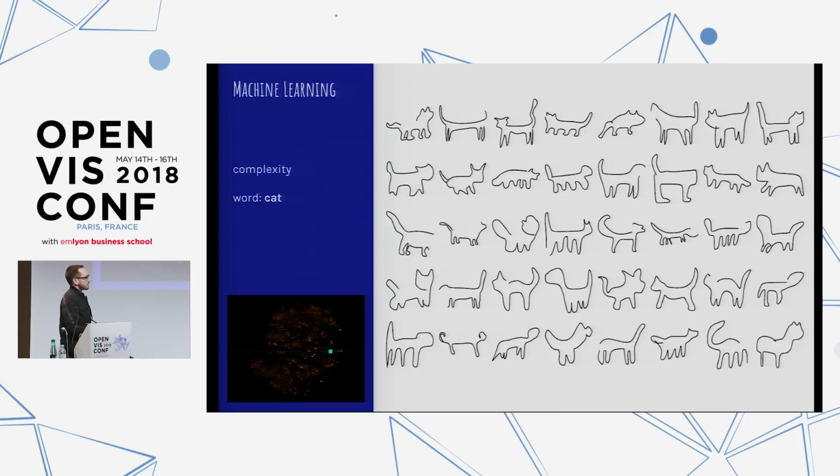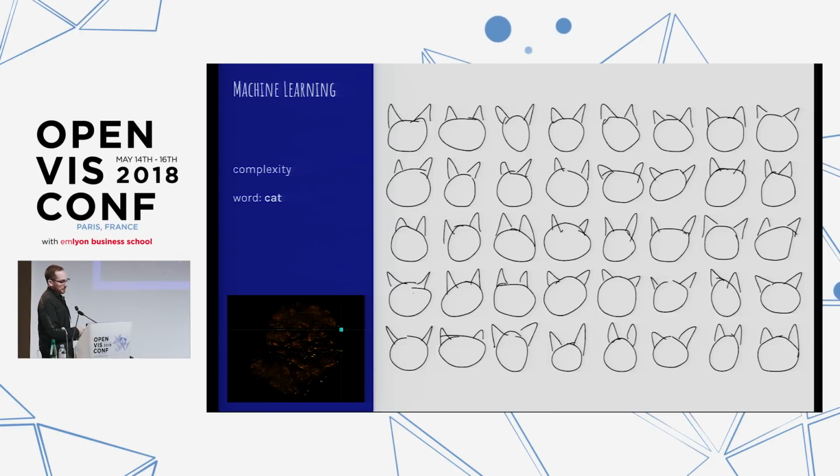If we look at this cluster, we have one way to draw a simple cat, and all of these cats were drawn with one stroke. But then, if we look at this cluster, even though all these drawings use 3 strokes, I might argue that this is maybe an even more abstract representation of cat, right? Like universally recognizable by people.